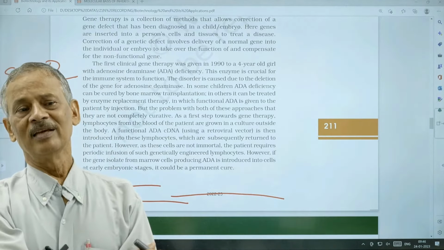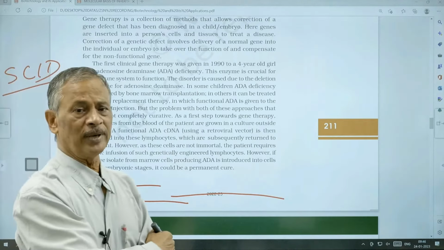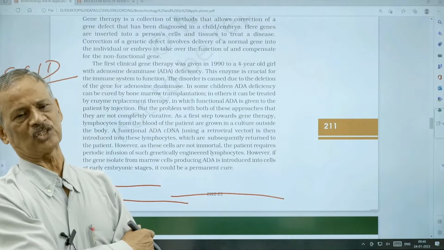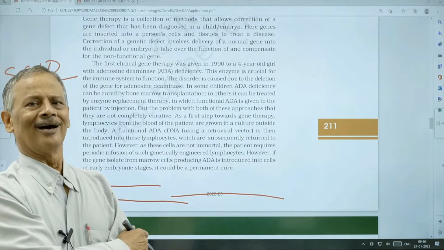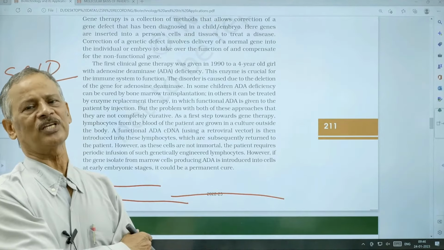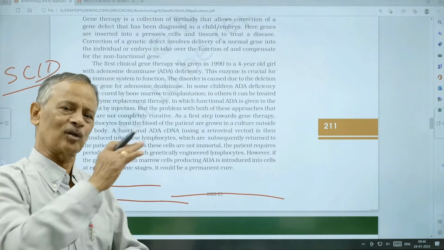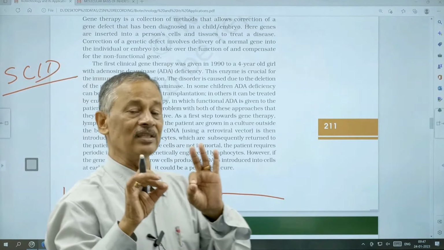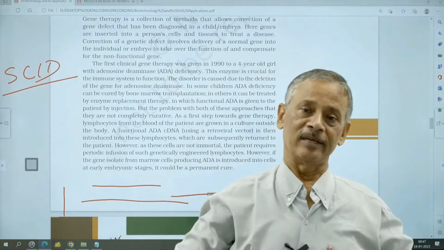For that, they prepared a recombinant retrovirus vector. That recombinant retrovirus vector was actually a retrovirus which was carrying the single strand DNA for ADA.